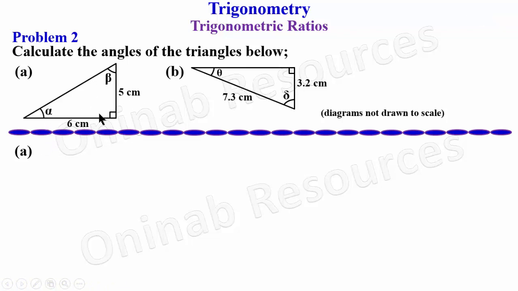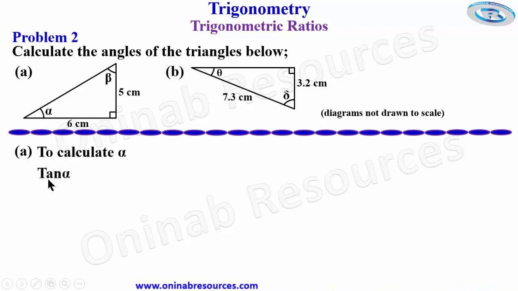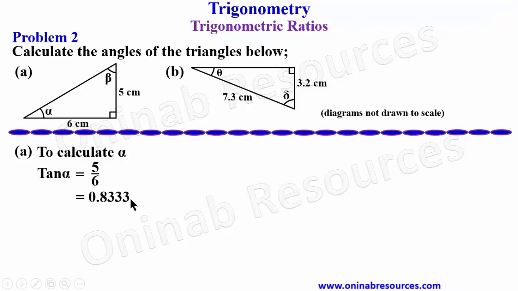And we need to look at alpha facing the opposite side, and this is the adjacent. So to calculate alpha, tan alpha, that's opposite over adjacent. So we are going to have it to be equal to 5 over 6. 5 over 6 is 0.8333.